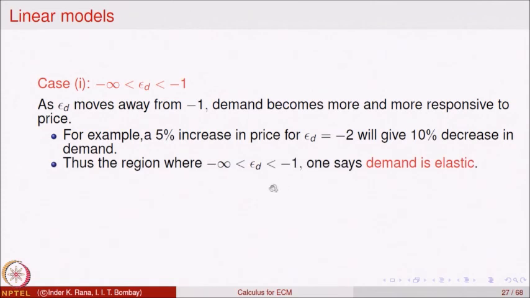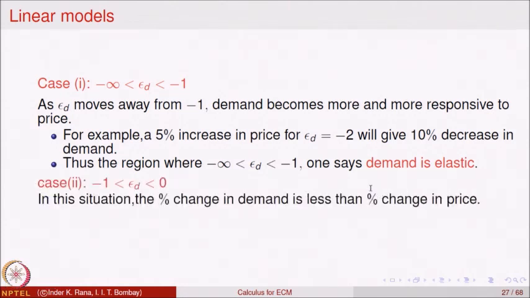Thus, in the region below minus 1, one says demand is very elastic, it is more responsive. When it is between minus 1 and 0, the percentage change in demand is less than the percentage change in the price. So, that means the demand is inelastic, it does not really respond to the price much.